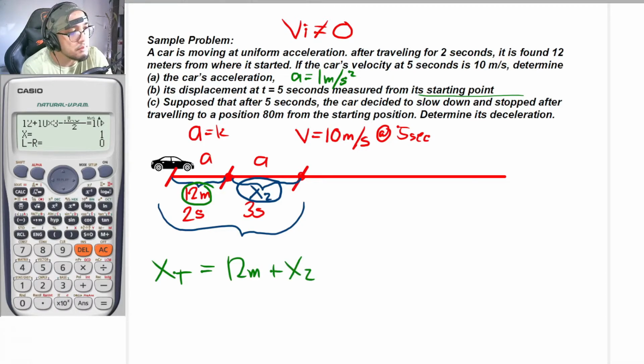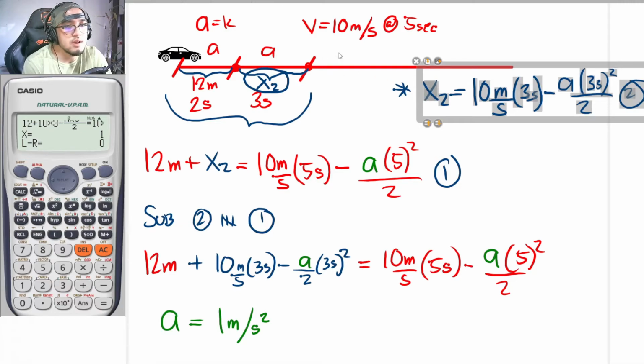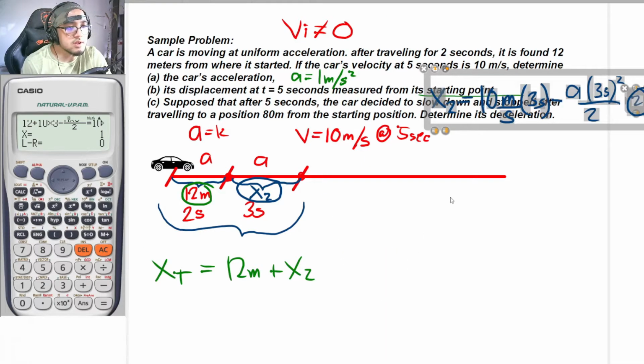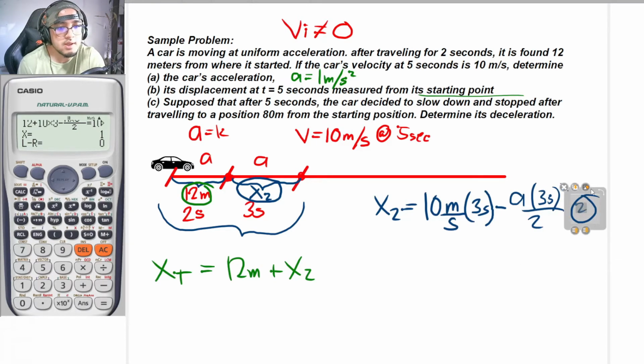So going back to this equation, our x sub 2 is to be equal to 10 meters per second times 3 seconds and so on. I will just be rewriting it here. So this is our x sub 2, no? Let us just solve for x sub 2.